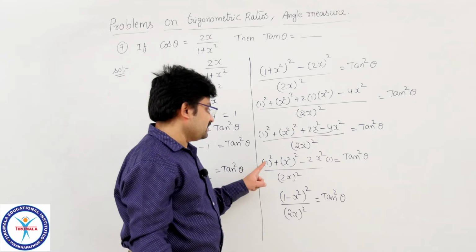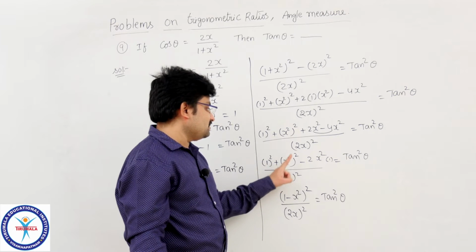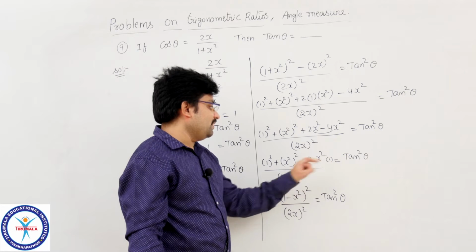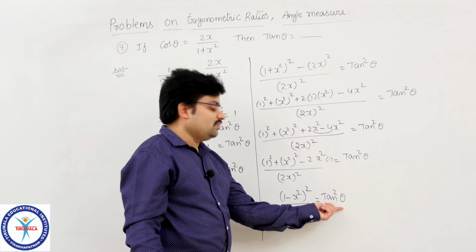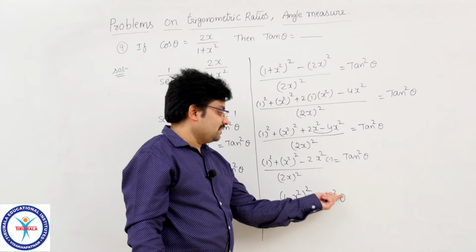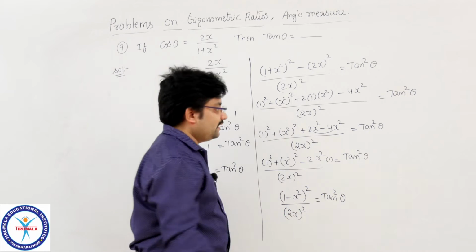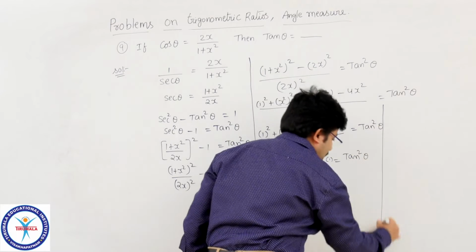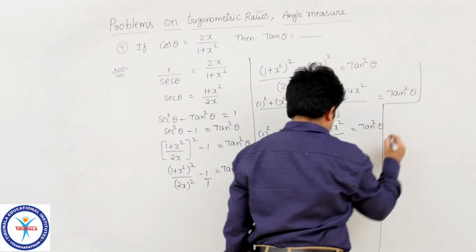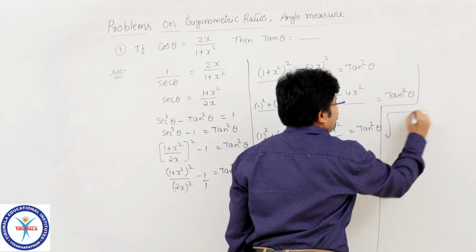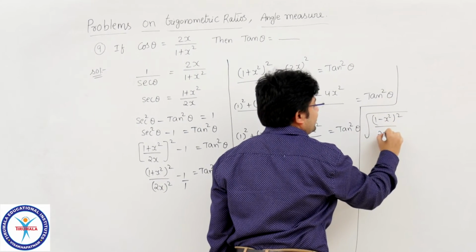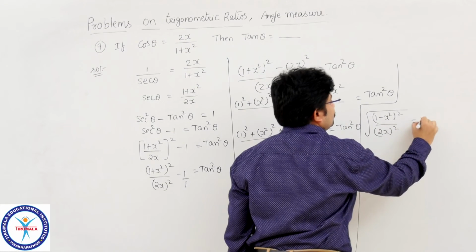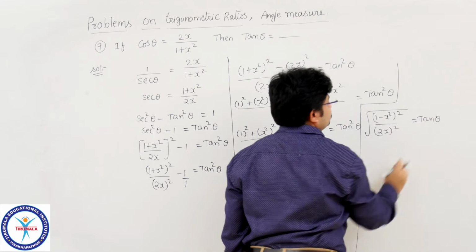Here in the numerator it is in the form of a square plus b square minus 2ab. So, it is a minus b whole square. Now, we need to find the value of tan. So, bring the square to the left hand side, then it becomes a square root, that is root of 1 minus x square whole square by 2x whole square is equal to tan theta.